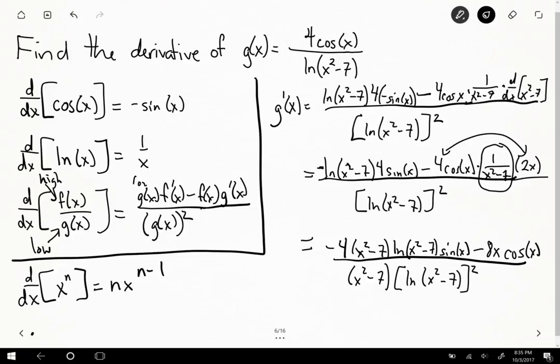And so what we see here is low d, meaning derivative of high, minus high, and then d low, and then all over the low squared. And yeah, that's exactly right. Whatever gets it, so you have it memorized, that is awesome.